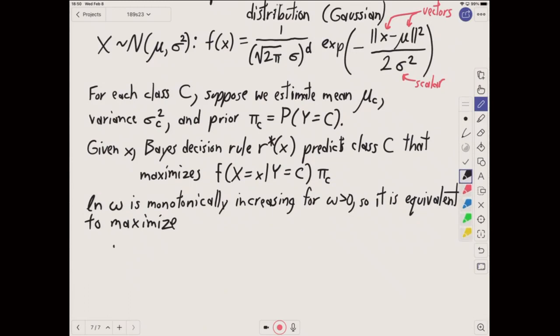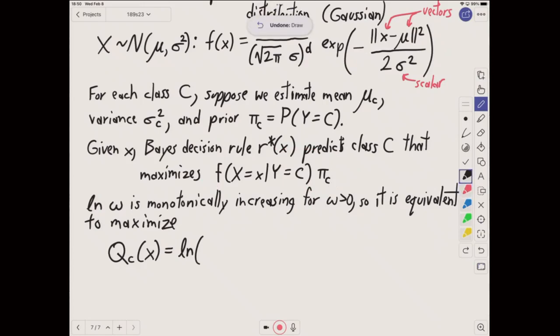And the something simpler, I'm going to give it a name. I'm going to call it the function Q. And there's going to be a different function Q for each class C. It's going to take a test point X, and it's going to be the natural logarithm of this thing here multiplied by a constant just to make it even simpler.